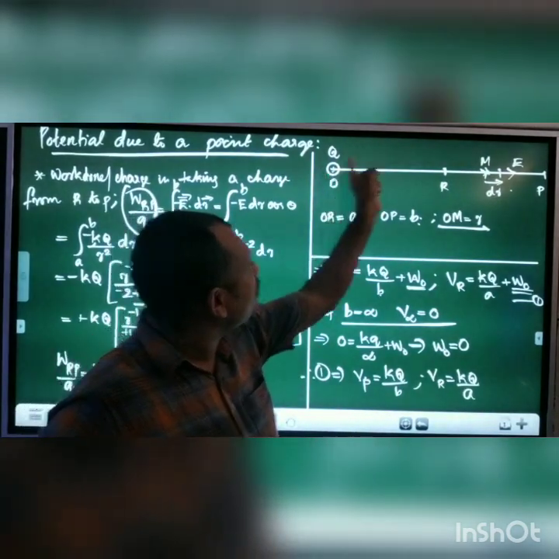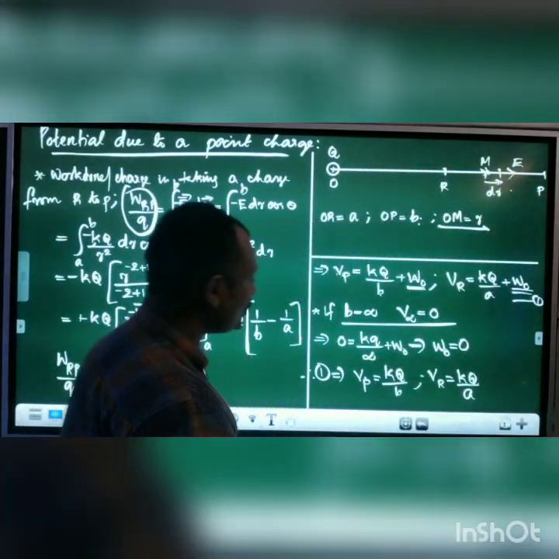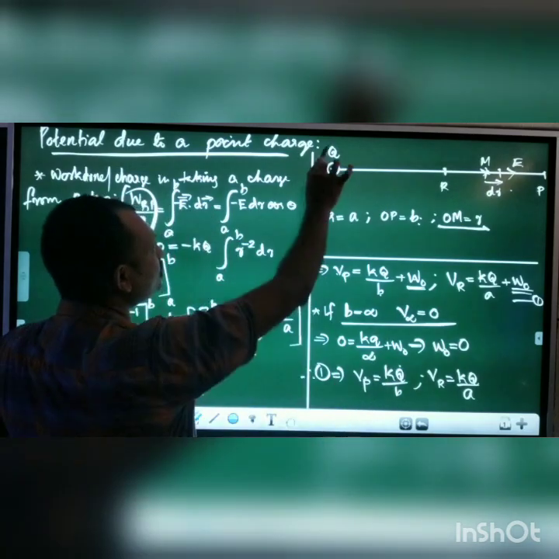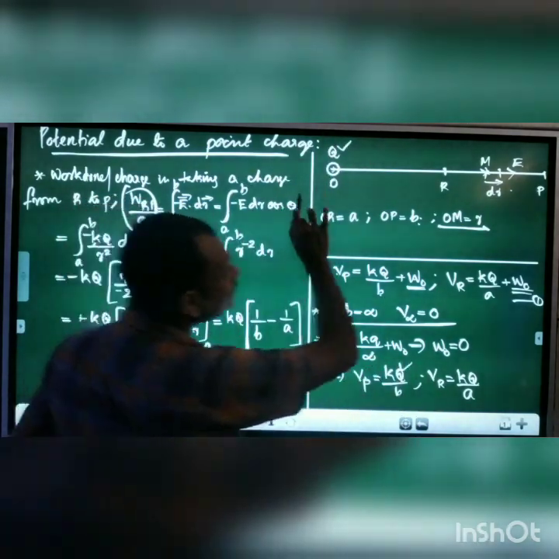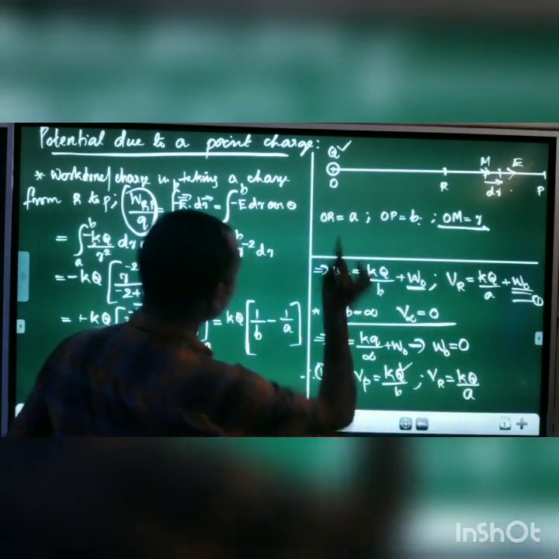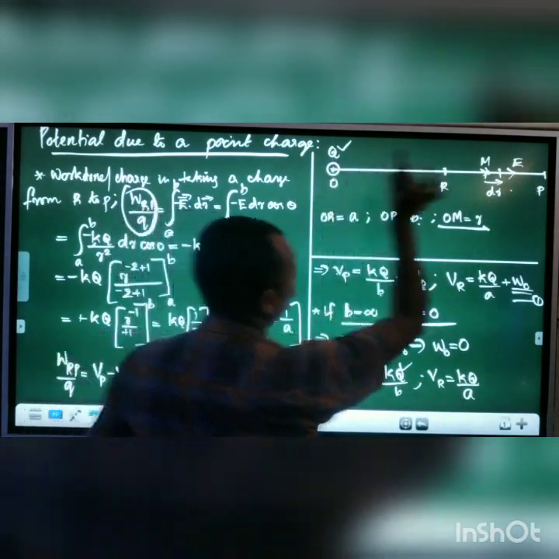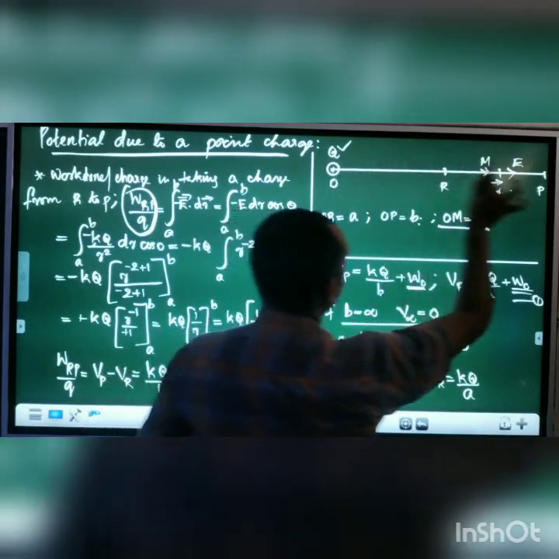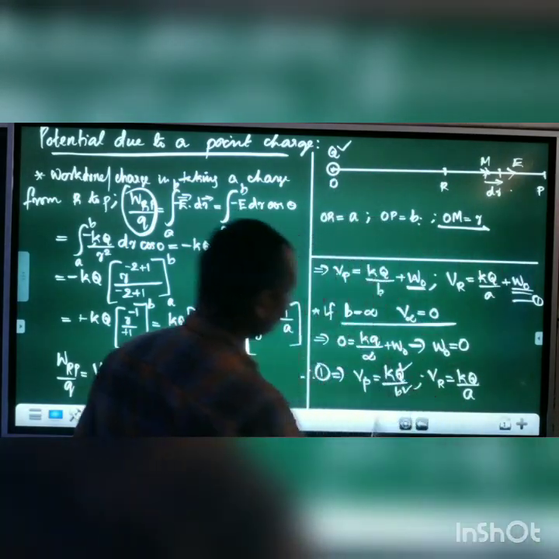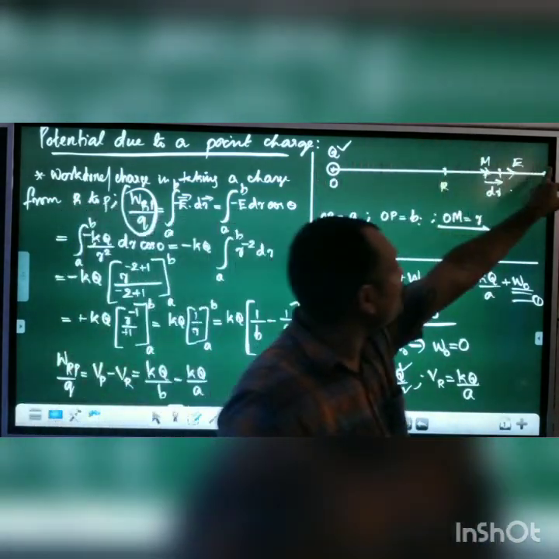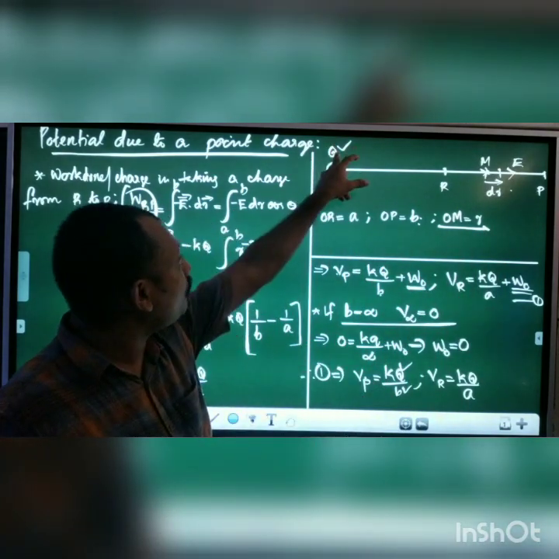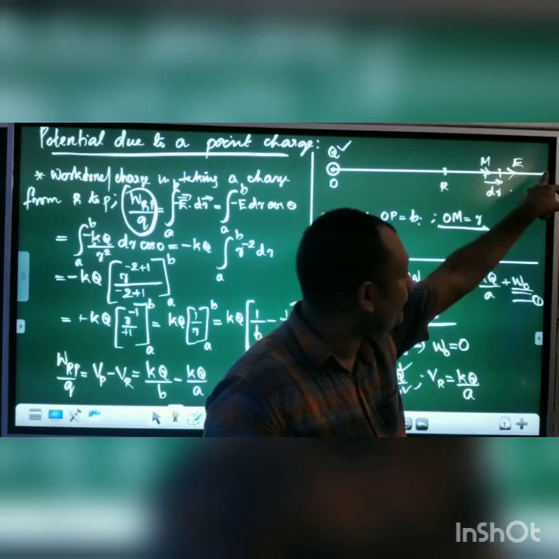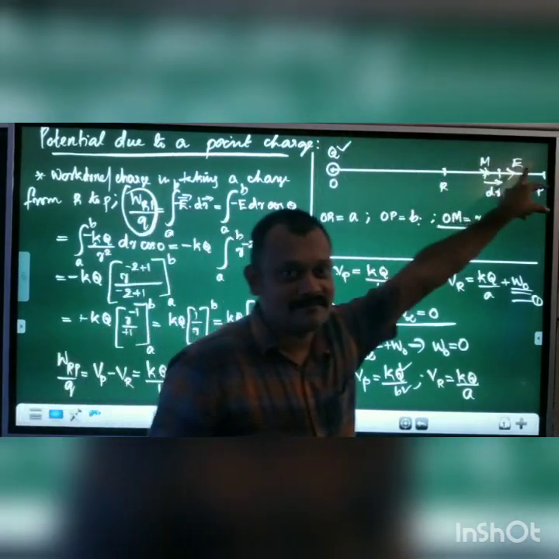The factors on which the potential at P depends are the source of the field, which is Q, and the distance of the point P from the source, that is OP. OP is equal to B. So the potential at P depends on the values of Q and the distance from the point source charge.